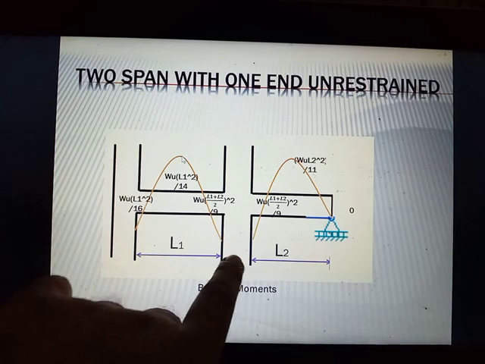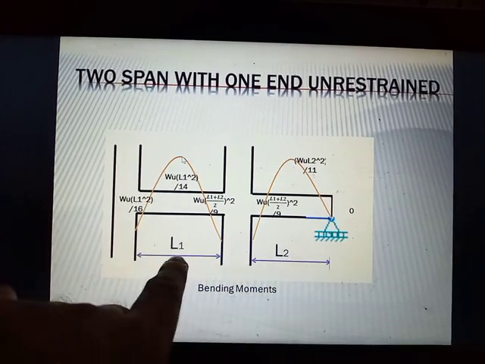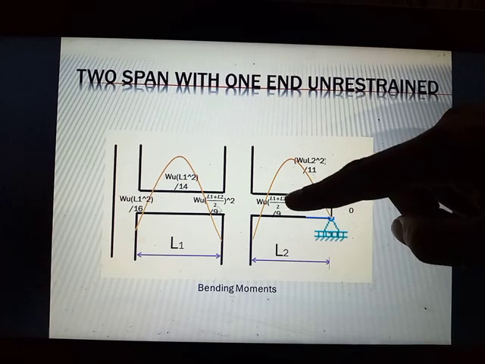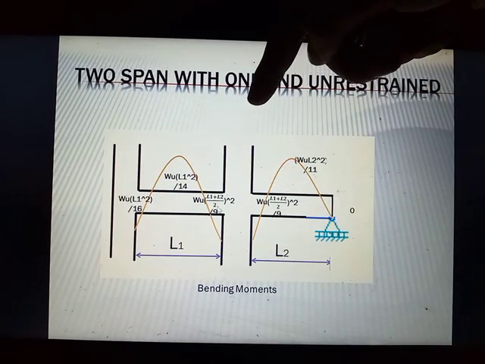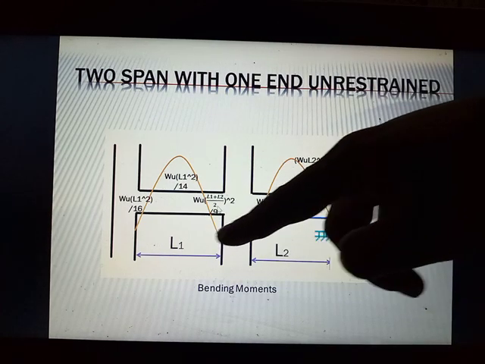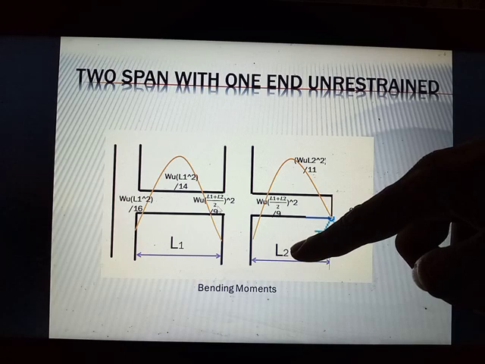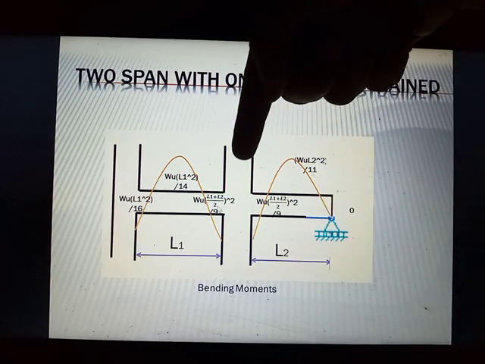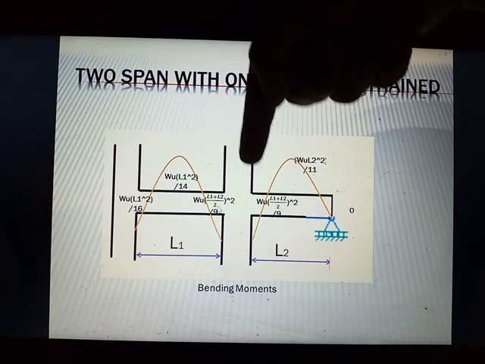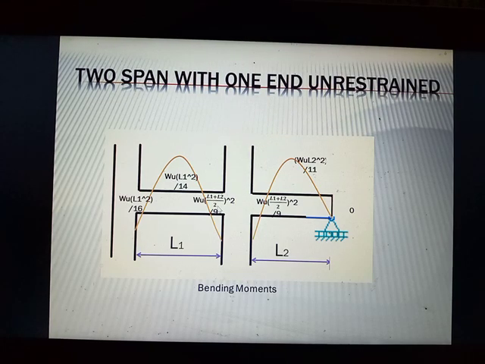This is your interior support, and these are your adjacent lengths. You use the average of L1 and L2 in order to compute the negative moments on both sides of this interior support. That is how it is solved.